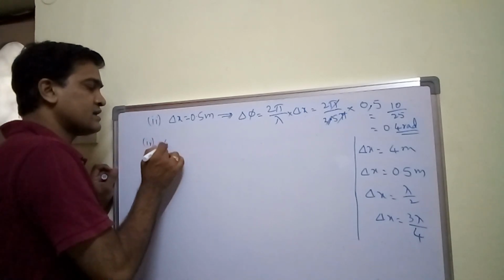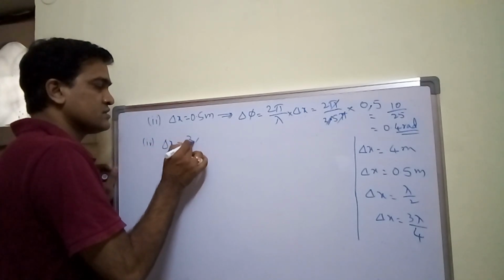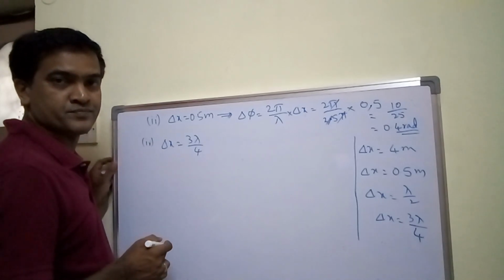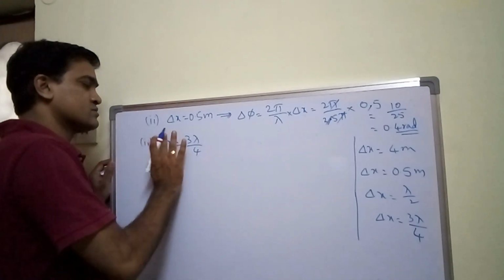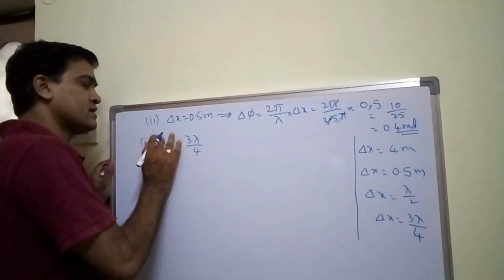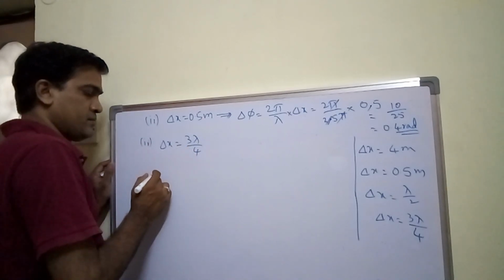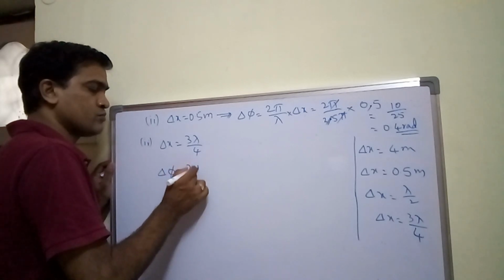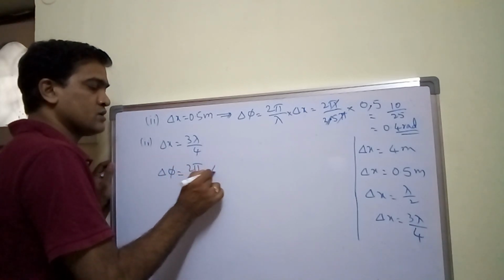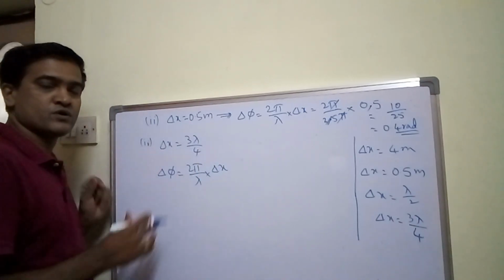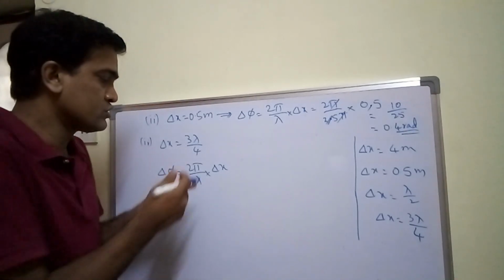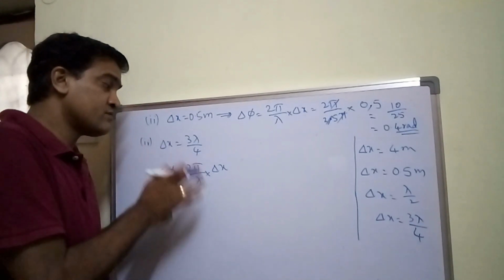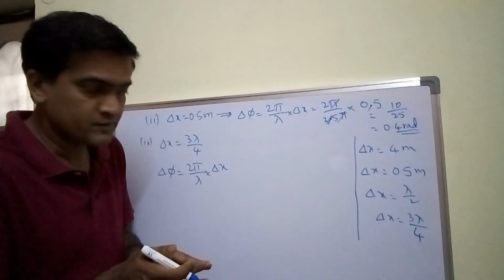In fourth one, delta x is given as 3 lambda by 4, right? So I can say that phase difference delta phi is equal to 2 pi by lambda into delta x. This is the formula to find out phase difference. You know the path difference, but path difference is given in terms of lambda.